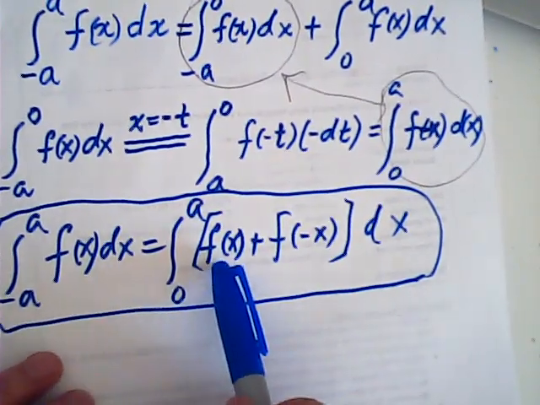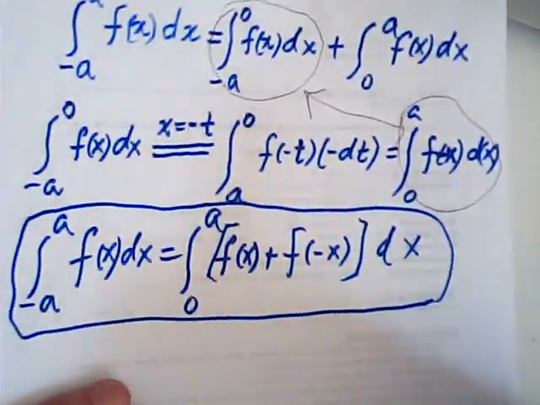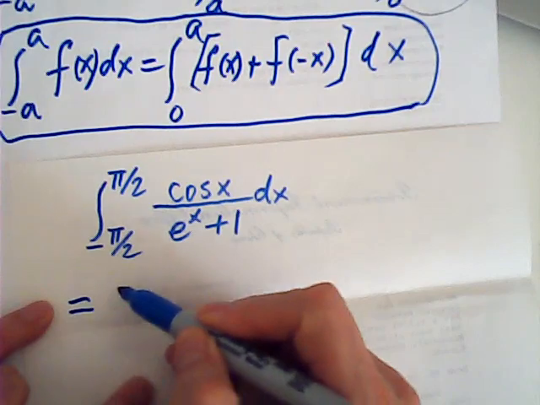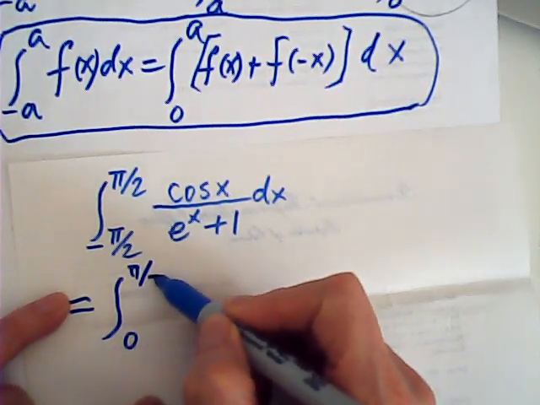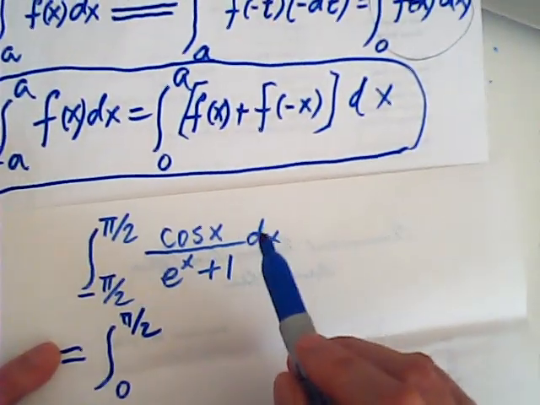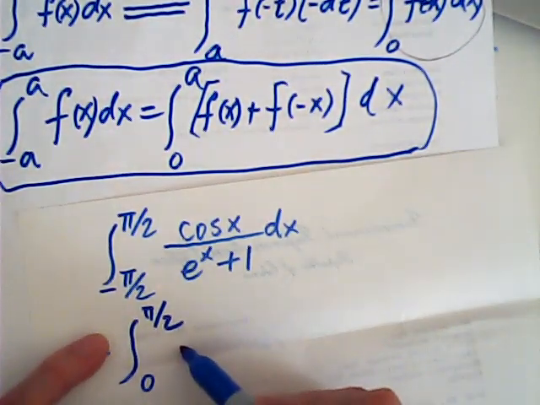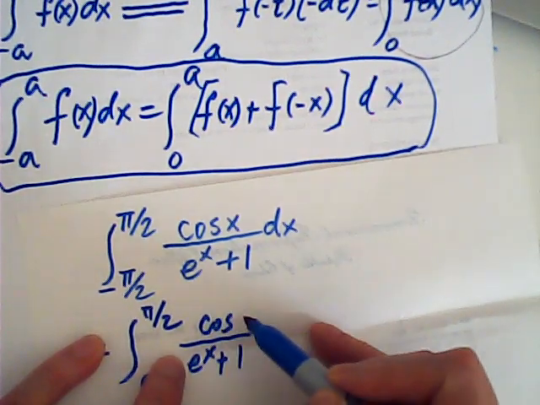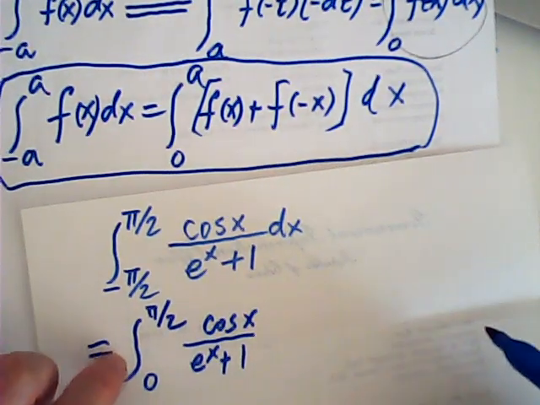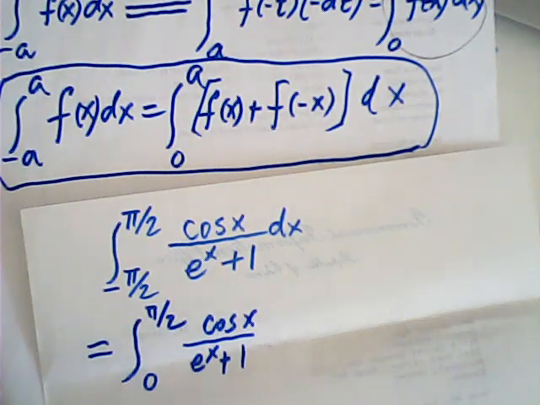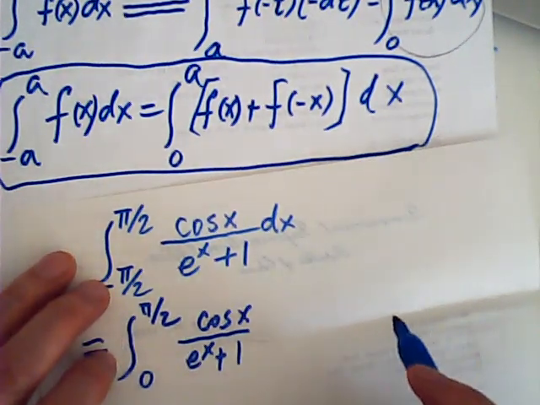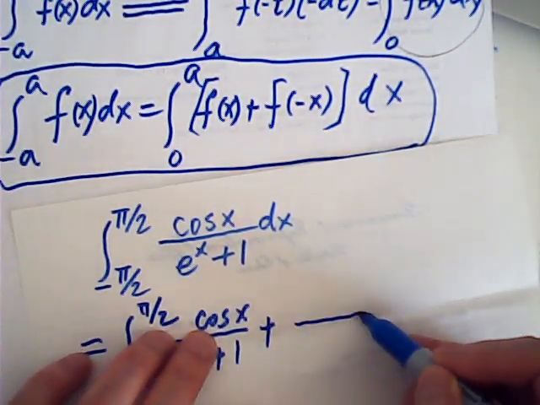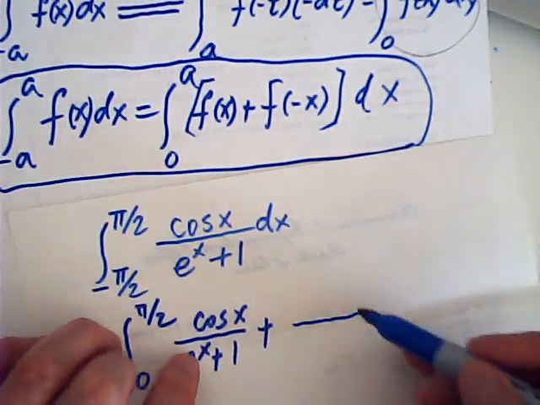It can be done this way, from 0 to half pi, and f of x, which is the same thing as this one, cosine x over e to the x plus 1, plus f of negative x, which is cosine negative x, positive x, no difference.